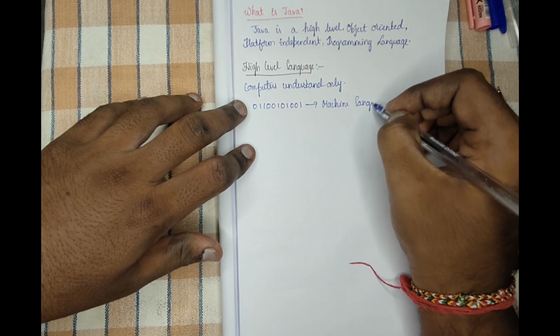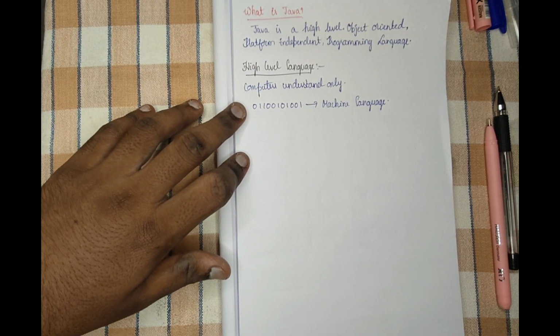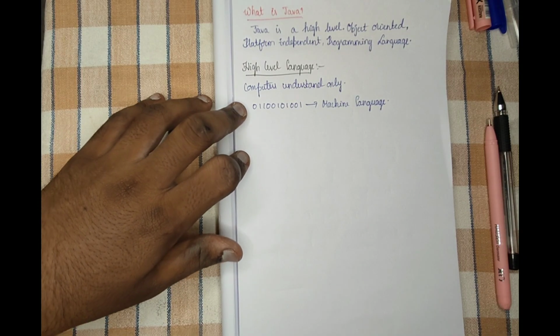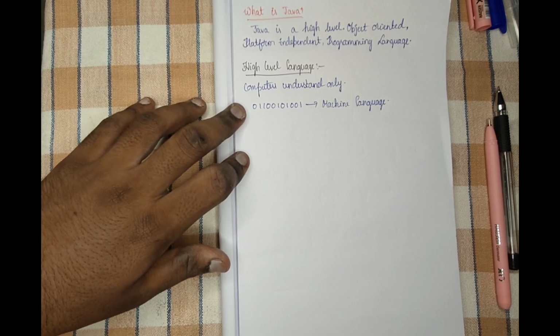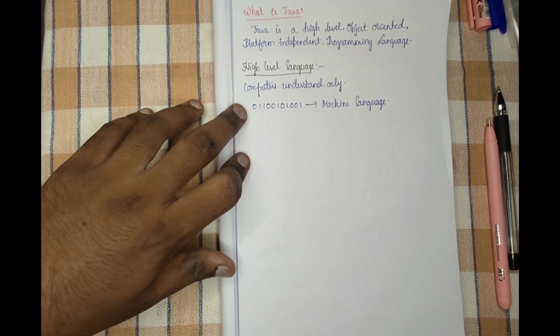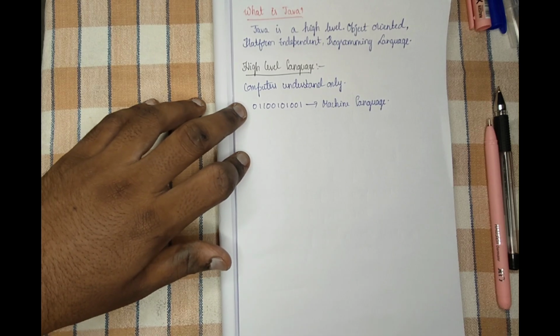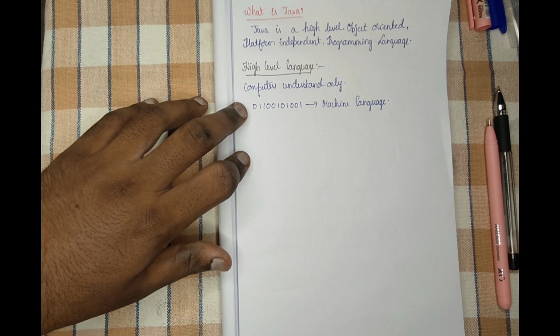This is called machine language. A computer only understands this, and humans cannot easily understand it. Humans might understand a couple of lines, but imagine 10 lakh lines using only zeros and ones. That's impossible. That's why high-level languages were invented.